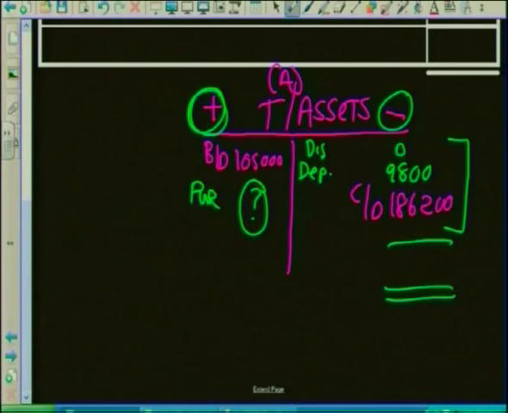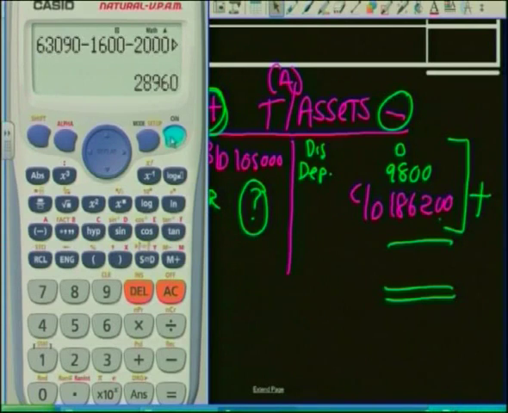So all I'm going to do is 9,800 plus 186,200. So I'm going to add, and I'm then going to subtract 105,000 to work out the land and buildings purchase. So let's get our calculators out.